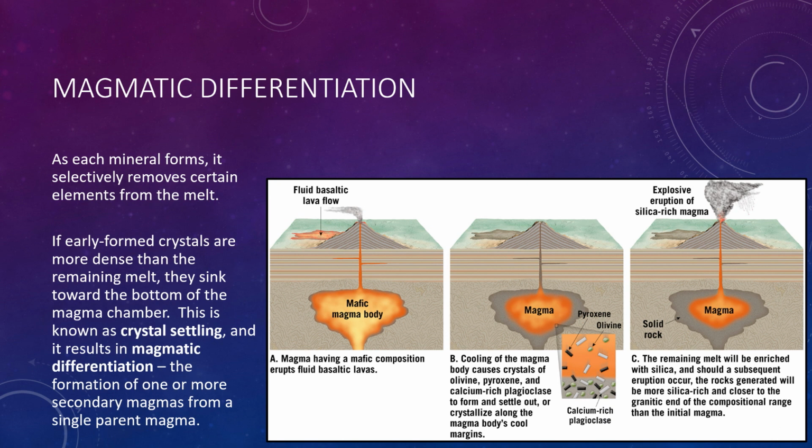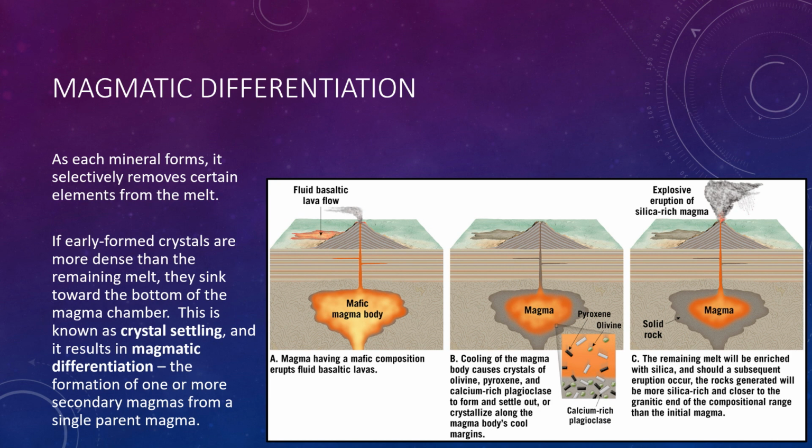So, how can a single volcano, fed from a single magma chamber, form rocks of quite different compositions over its lifetime? Well, first, as Bowen demonstrated, different minerals crystallize from different magmas according to a predictable pattern. As each mineral forms, it selectively removes certain elements from the melt.